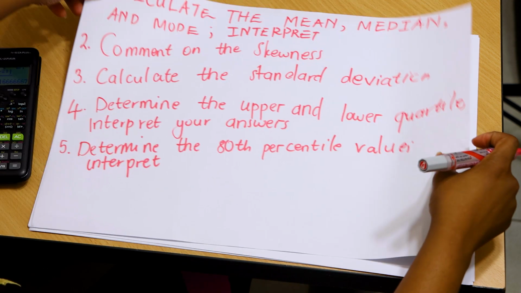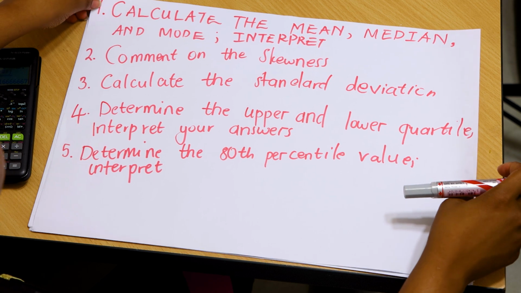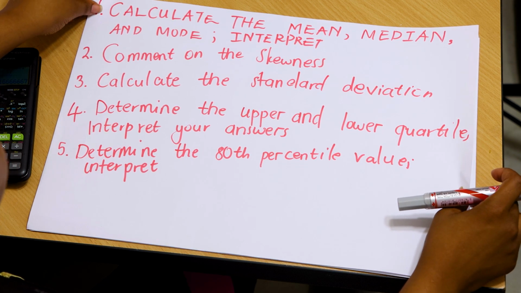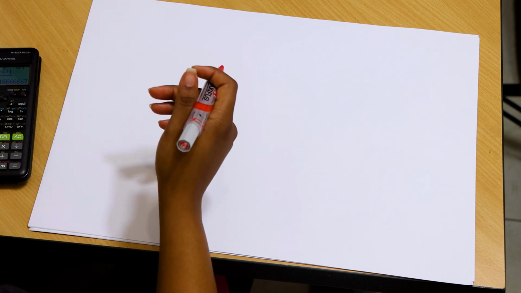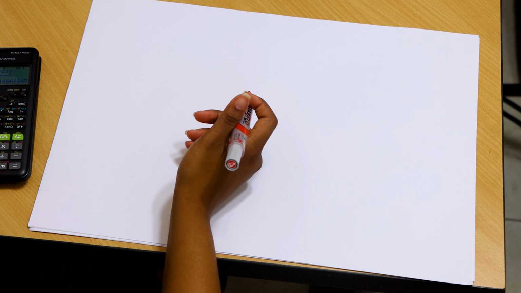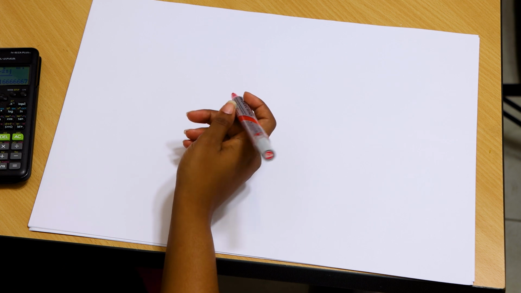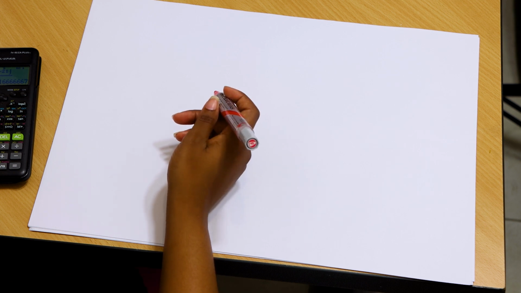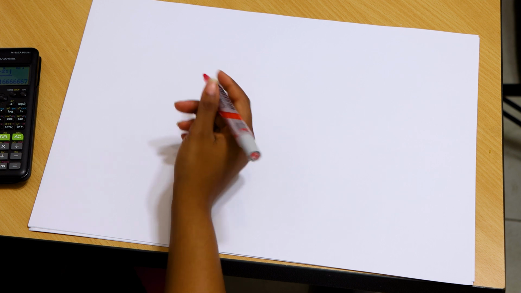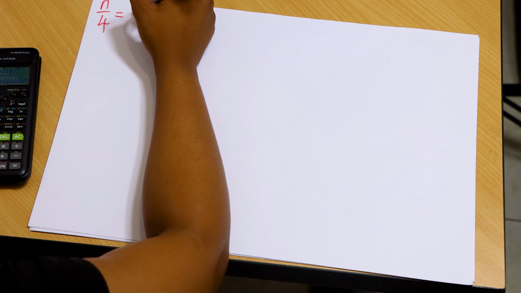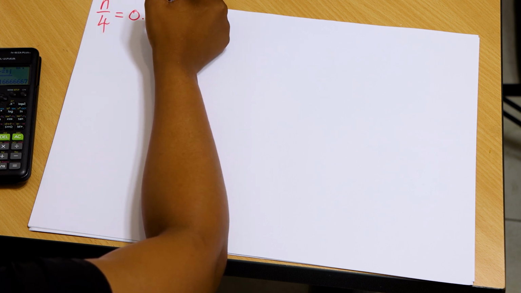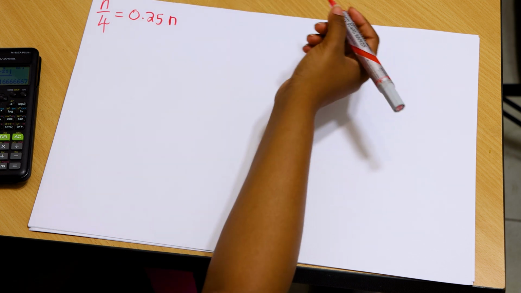The last question says determine the 80th percentile value. The procedure to find it is almost similar to the quartiles and the median, with just a small difference. Remember that the first quartile is the 25th percentile, hence we found the position by saying n/4, which is 0.25 times n, right, 25%.